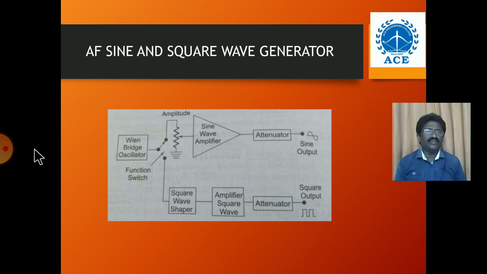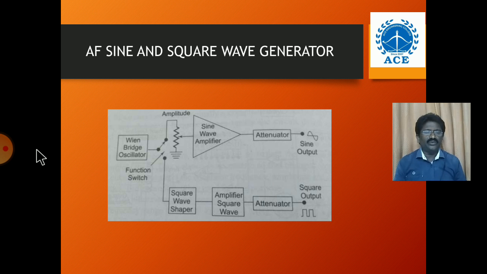Oscillators are sine wave generators, and with the help of the attenuator you can adjust the output of the oscillator. Finally we get our required output in the form of an RF signal.